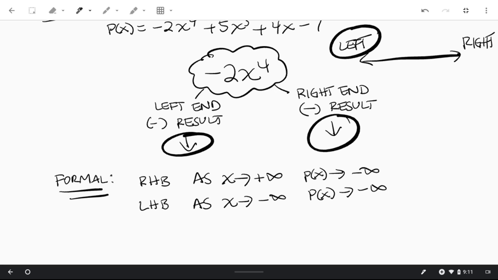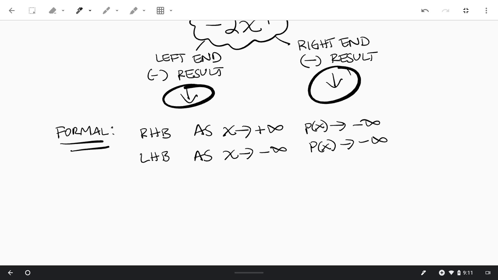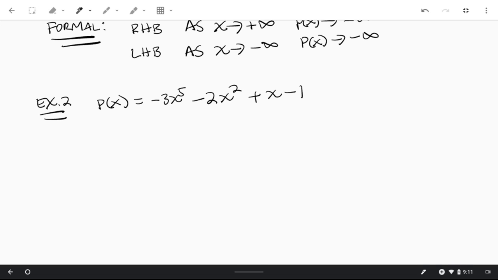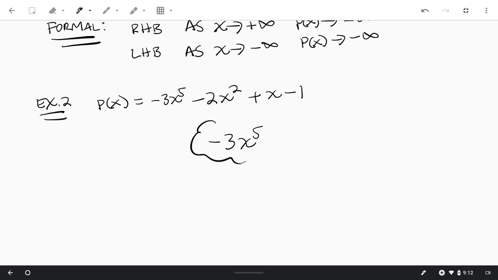All right, let's take a look at another example. Suppose that I have this polynomial, p of x equals negative 3x to the fifth minus 2x squared plus x minus 1. Again, we don't need the entire polynomial. We only need to look at the leading term. Let's do the right-hand behavior.